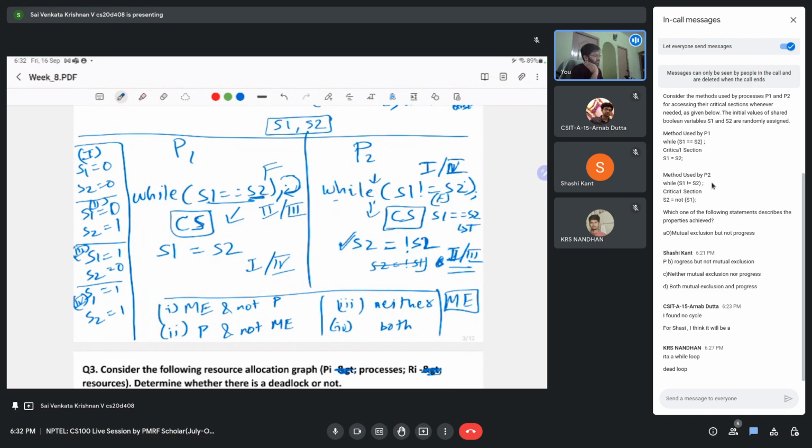P1 should be given access to enter into the critical section if P2 is not willing to enter. But if the case is 1 or 4 and P2 doesn't want to enter, there is no way P1 gets to enter the critical section. It has to wait till P2 wishes to enter into the critical section, and this case 1 or 4 changes to 2 or 3. So progress is not guaranteed in this case.